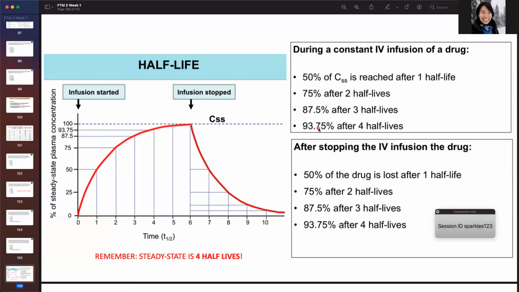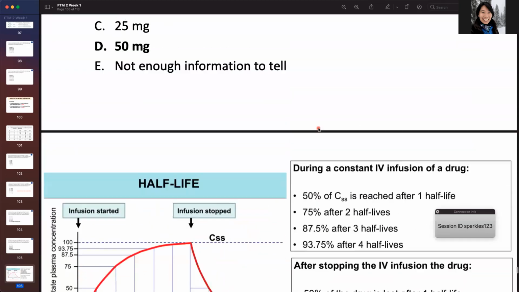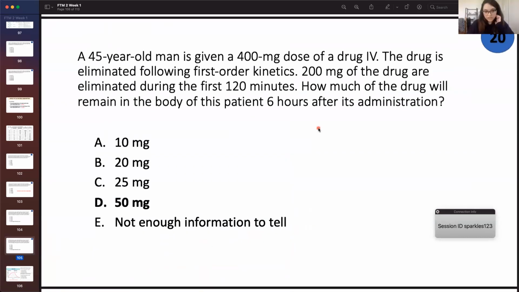So if we were to take the last question as an example. Okay. So you're starting off with 400, and then your first half-life, 50% of that is eliminated, which is where you get your 200 after 2 hours. So then after another 2 hours, another 50% of the 200 should be eliminated, correct?